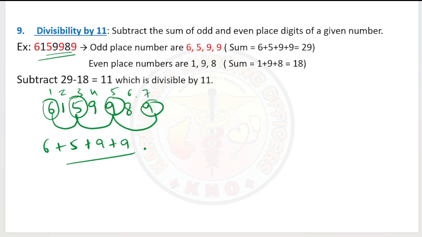Then subtract the sum of the even place numbers, that is 1, 9, 8. 1 plus 9 plus 8. So do the subtraction. 9 plus 9 is 18. 18 plus 5 is 23. 23 plus 6 is 29. Minus 9 plus 1 is 10, 10 plus 8 is 18. So if you do the subtraction, 11 comes, right?